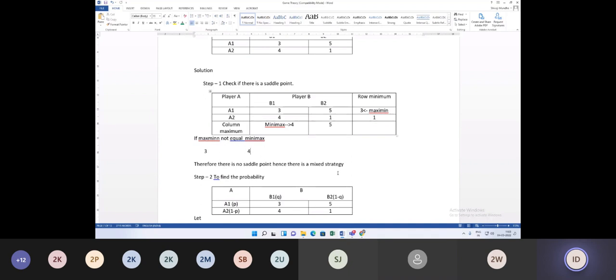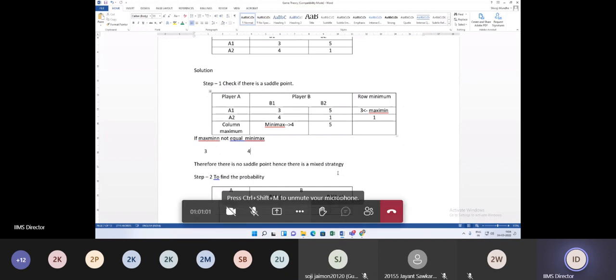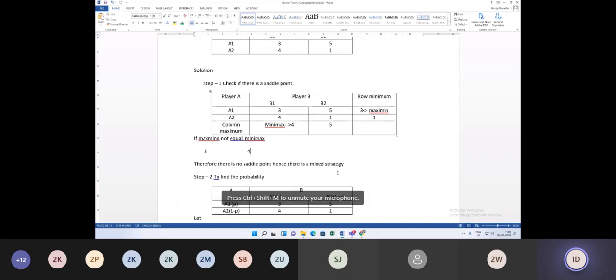B1 has probability Q, B2 has probability 1 minus Q. A1 has probability P, A2 has probability 1 minus P. Done, sir. Good, next.